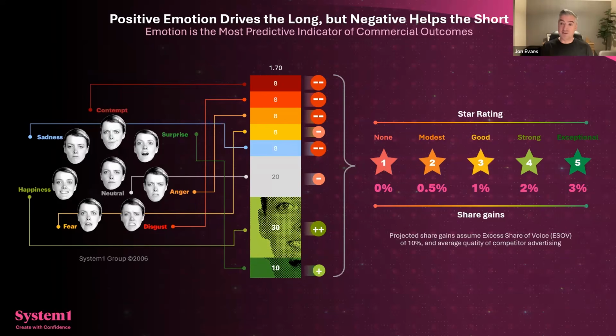Driving happiness and surprise positively correlate to long-term success. Driving negative emotions like anger, disgust, contempt drive an inverse correlation. So basically, if you can surprise people and make them feel happy, you're more likely to be remembered and more likely to drive market share within your category.